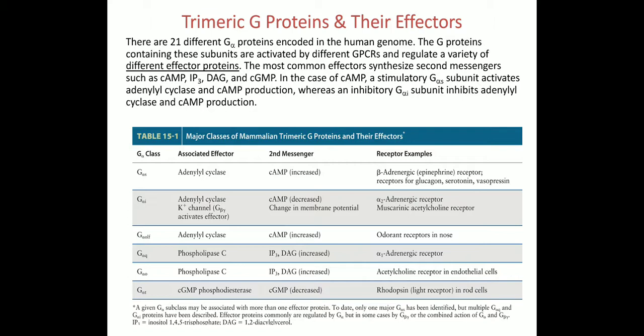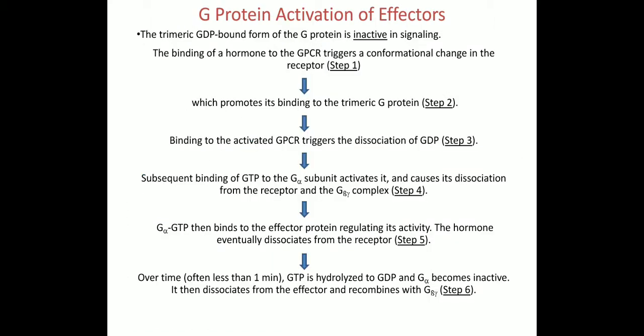There are some stimulatory subunits which activate adenylyl cyclase, while some inhibitory subunits like G alpha I inhibit adenylyl cyclase and cyclic AMP production.